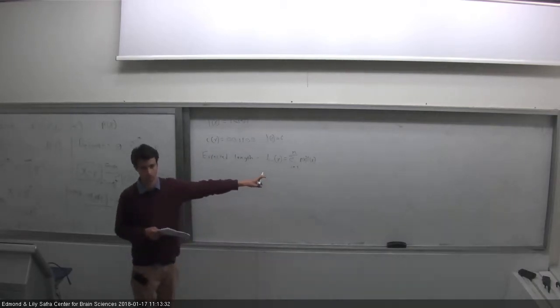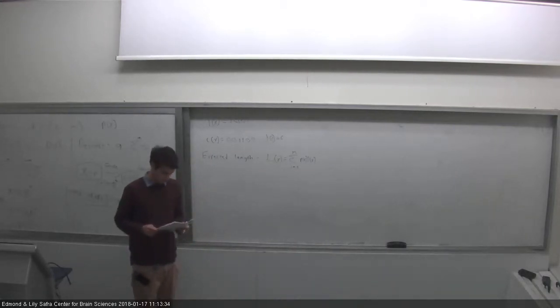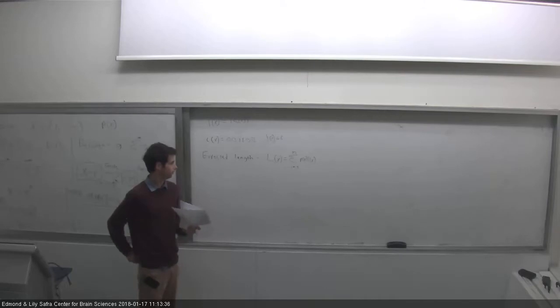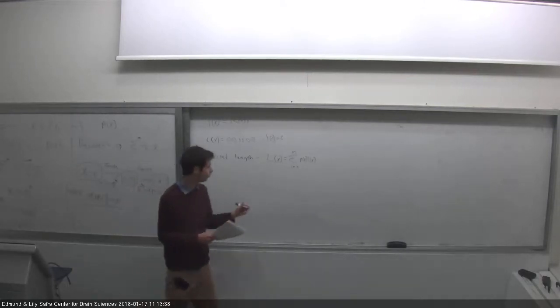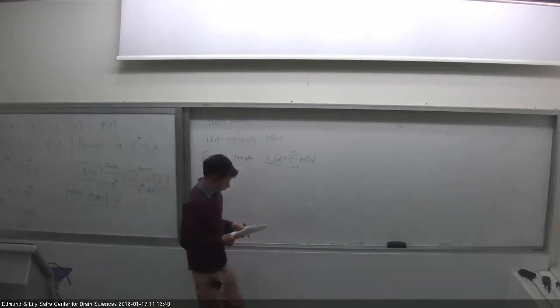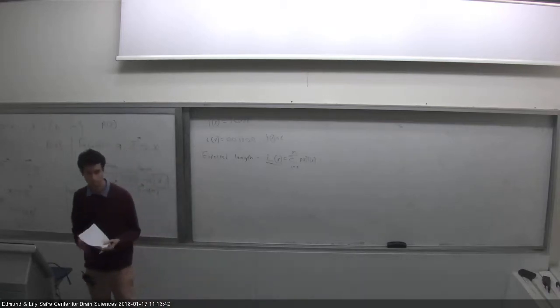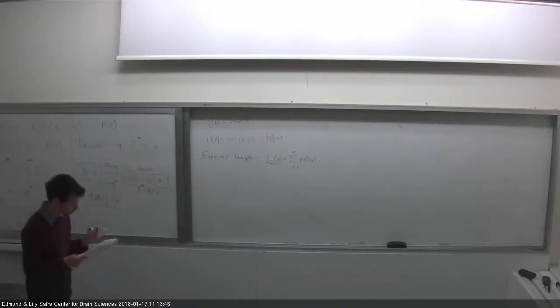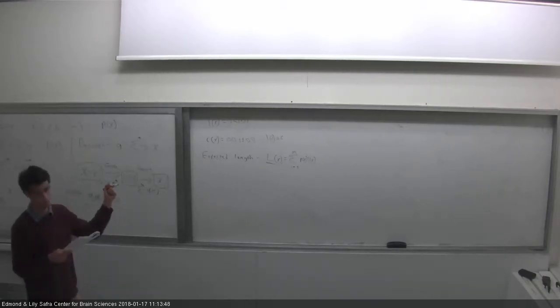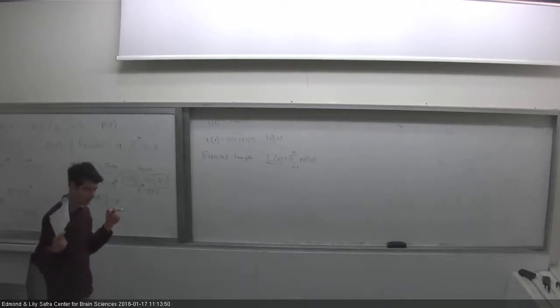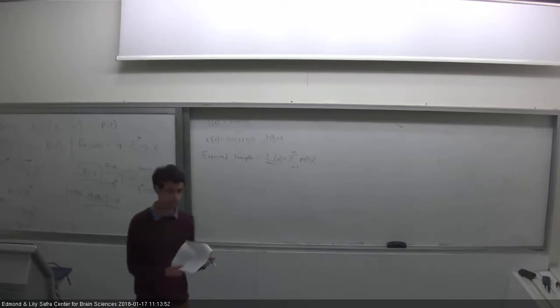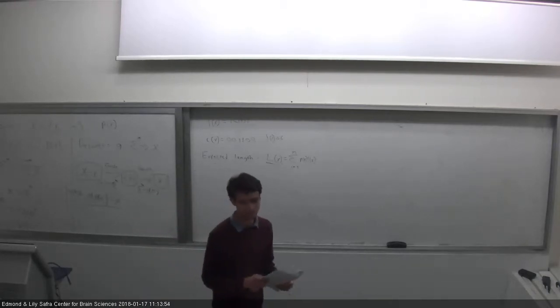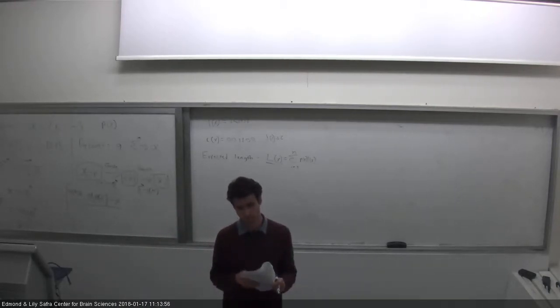Okay? And so we want this term to be as small as possible. We want the shortest description of the source. We want to compress our source as much as we can.